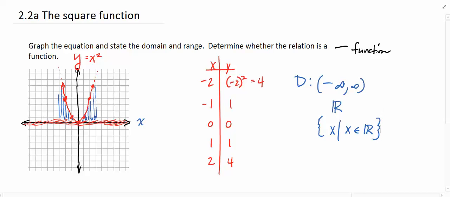Most college level classes write domain in interval notation, which is what I'm going to probably do for the rest of these. So let's go ahead and take a look at the range. For the range, I'm going to just ignore the red on the x-axis, because if I try to erase it, it'll mess up my x-axis. Now let's pretend that the y-axis is a very strong magnet.